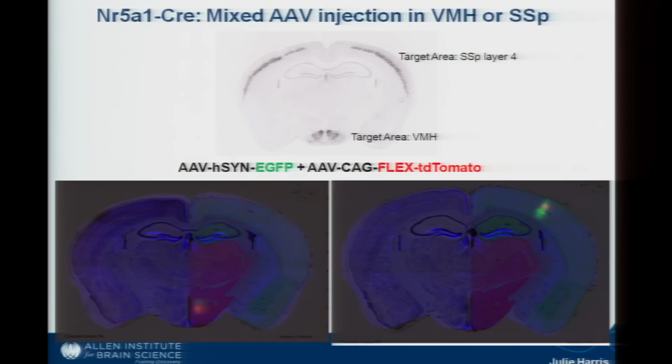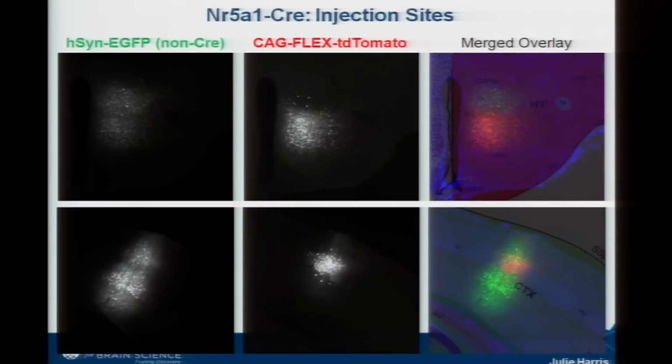So we've tried a combination of Cre-dependent virus with a Cre-independent virus and targeted those two regions. As you can see, the injection is very precise. However, with the help of the Cre line, the cell type specificity and the regional specificity is even further improved. And here's just a blow-up picture showing that is the case.